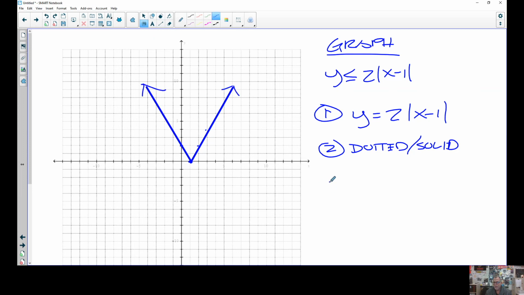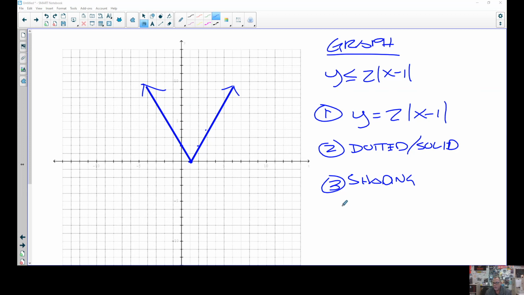Now the last thing we have to decide is shading, right? The way we figure out shading is looking at the original inequality. If I take a representative point from one side or the other, remember, instead of where it was a line, one side or the other, this is kind of inside or outside. So we're going to either go inside or outside and figure out, because all the solutions are either in here or all of them are out here.